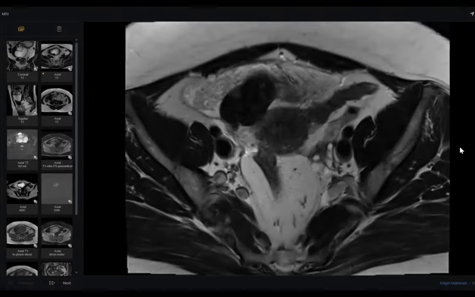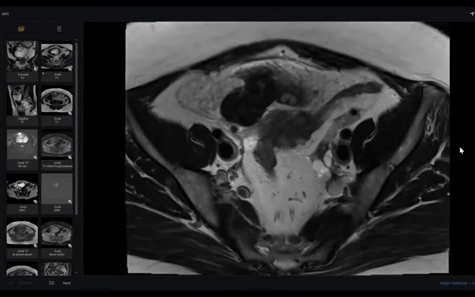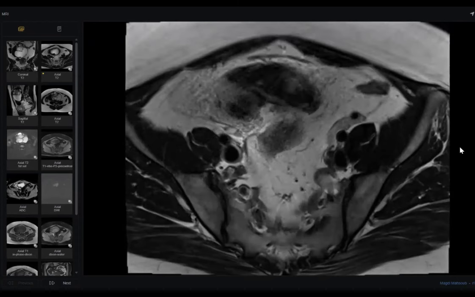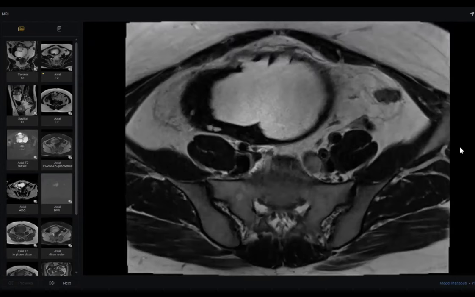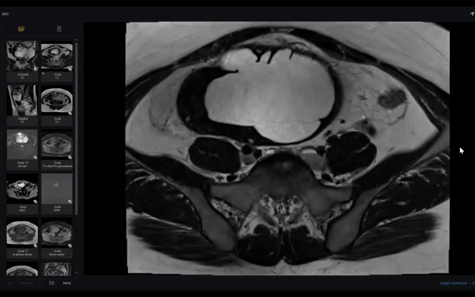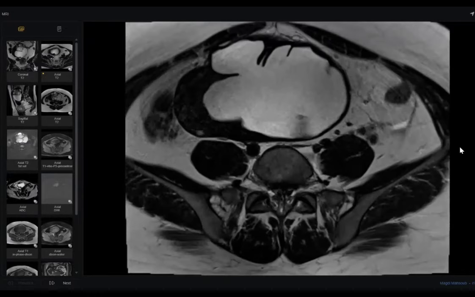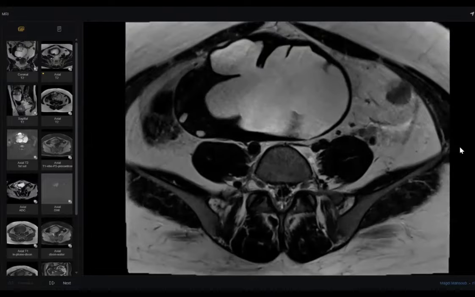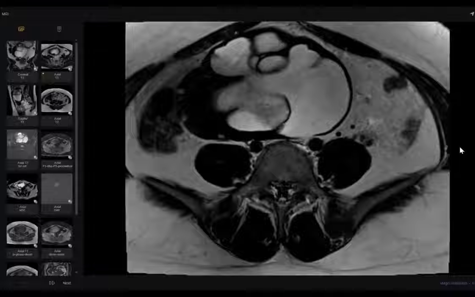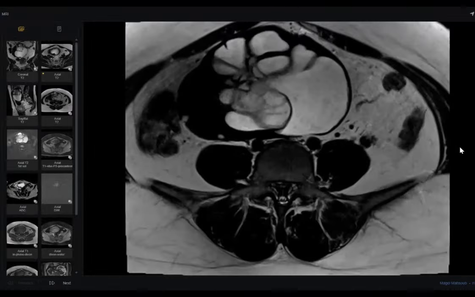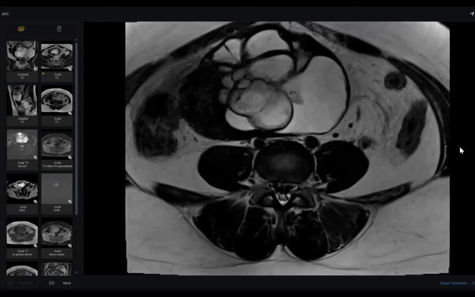Images are taking some time to scroll. In the upper areas, I can appreciate a large, relatively well-defined, thick-walled, heterogeneous signal intensity lesion centered within the lower abdominopelvic cavity, having a large central T2 hyperintense component and peripherally placed T2 hypointense component, demonstrating few focal T2 hyperintense cyst-like areas, predominantly within the periphery.